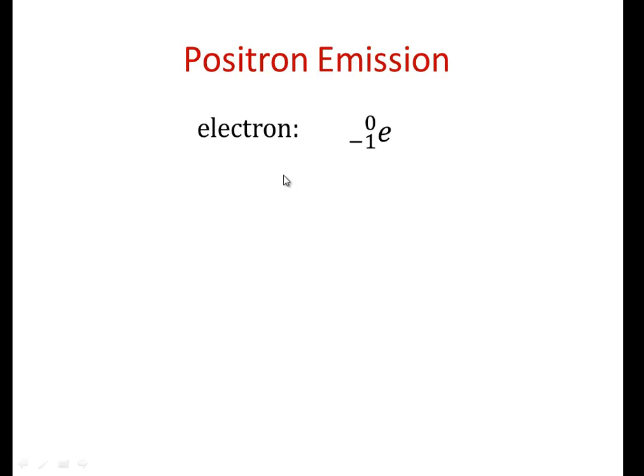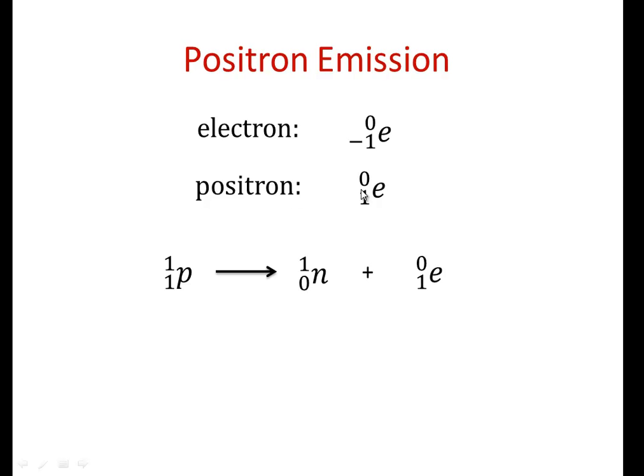So a positron is just like an electron. It's got 0 mass number, but instead of a negative charge, it has a positive charge. And if a positron and an electron ever come in contact with each other, because it's matter and antimatter, there will be complete annihilation, and you'll have 100% conversion of mass into energy. So that would be what's called a matter-antimatter conversion.